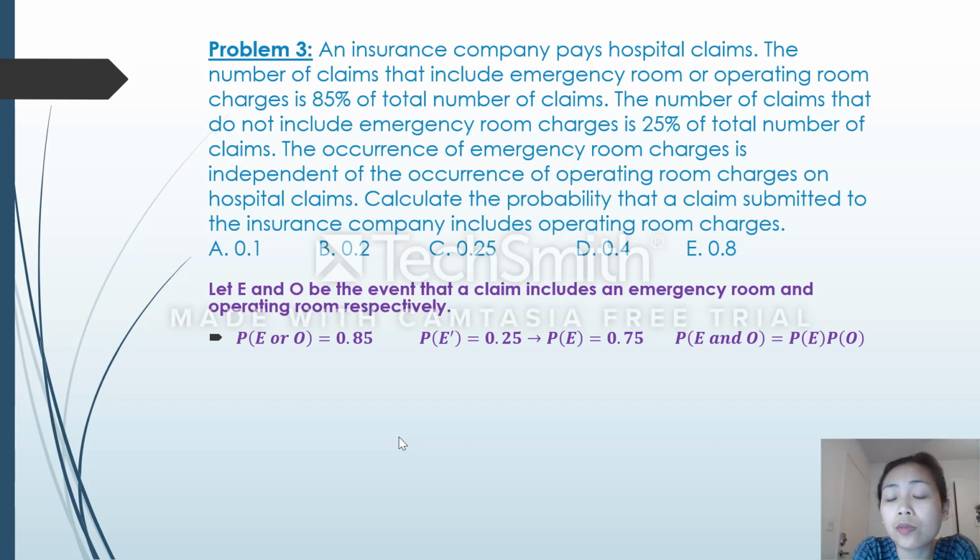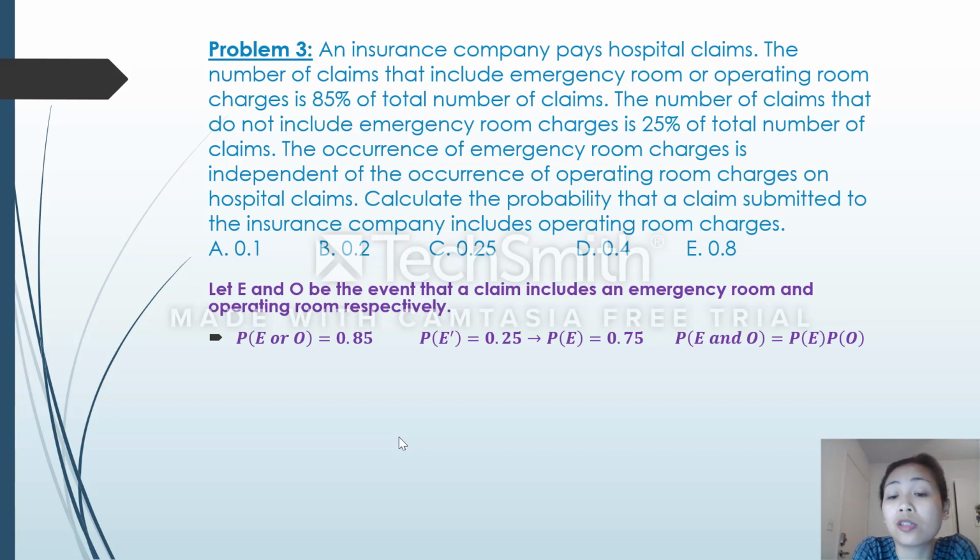Next information, the number of claims that do not include emergency room charges is 25% of total number of claims. So that means probability of E prime. E is the event of including emergency room, so E prime is the event of not including emergency room charges. So it's probability of E prime is 0.25.